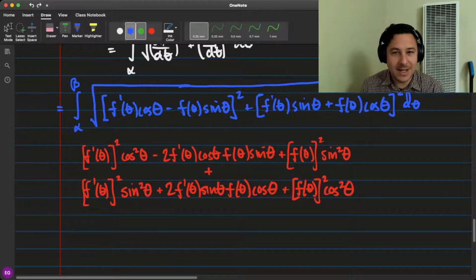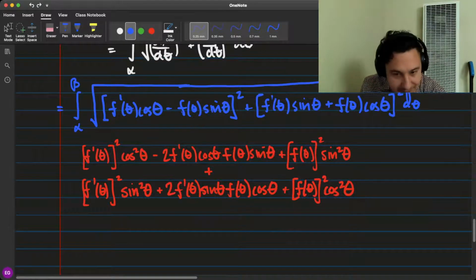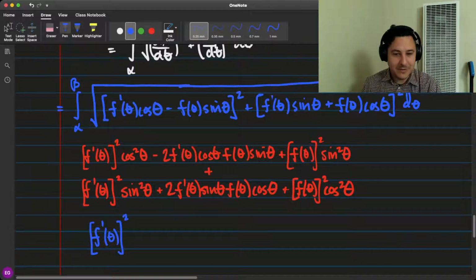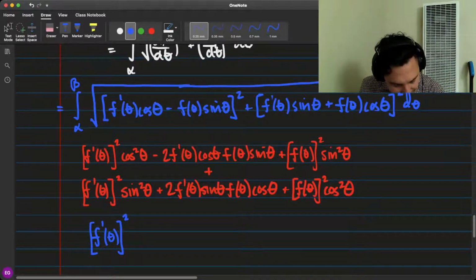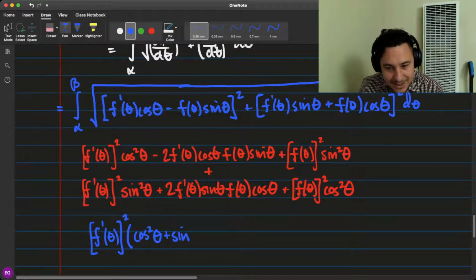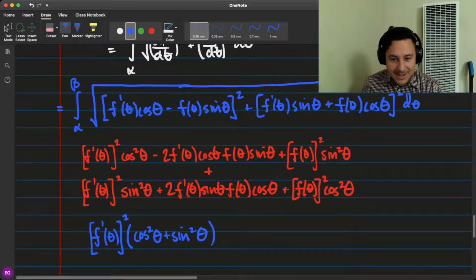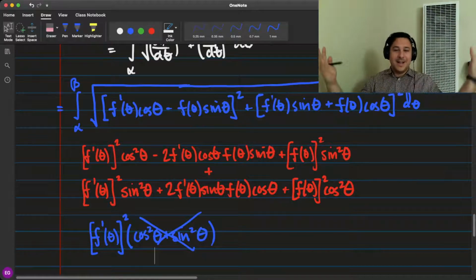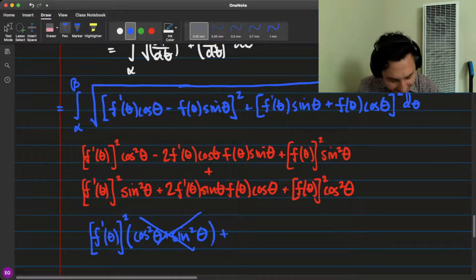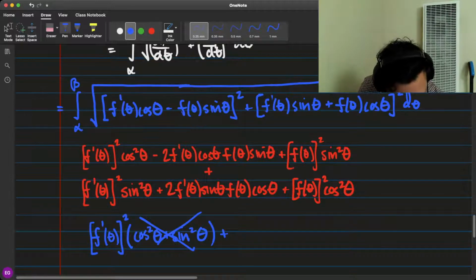So let's factor out the f prime theta squared. Okay, so you factor that out, and then you're left with cosine squared theta plus sine squared theta. So what's going to happen to that? That just becomes 1. You're like, oh, thank God. Okay, so that goes away.